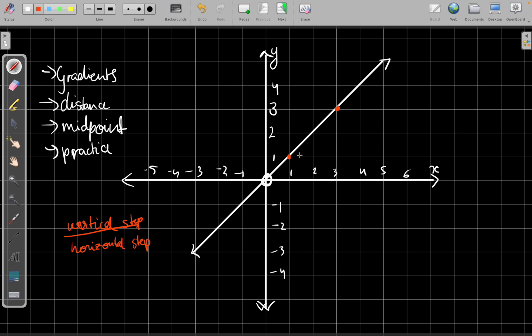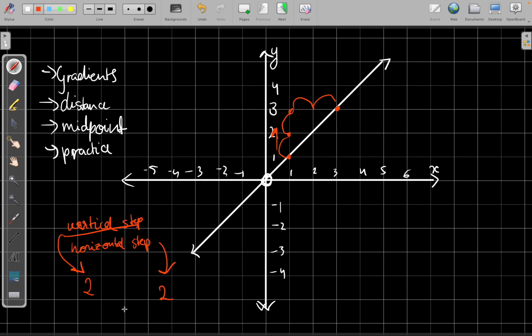So here, what would be the vertical step? It takes 2 steps. One step goes there and the second step here. 2 steps up, so the vertical step would be 2. And the horizontal step would also be 2.